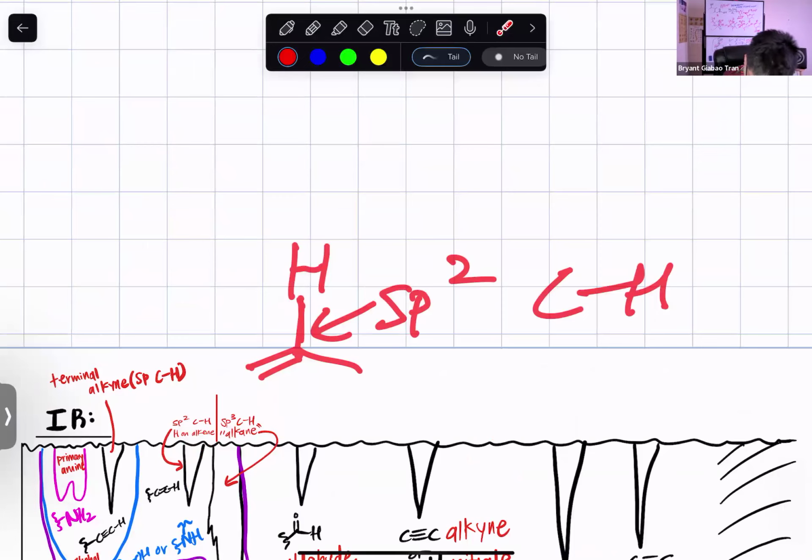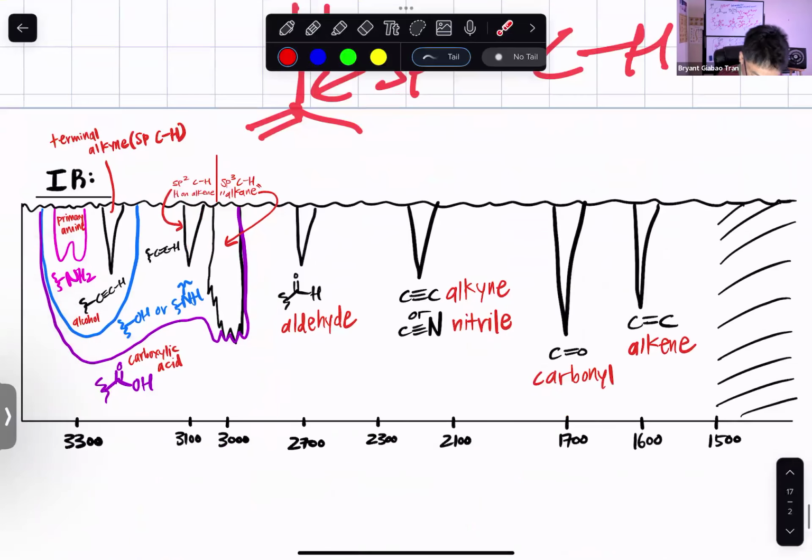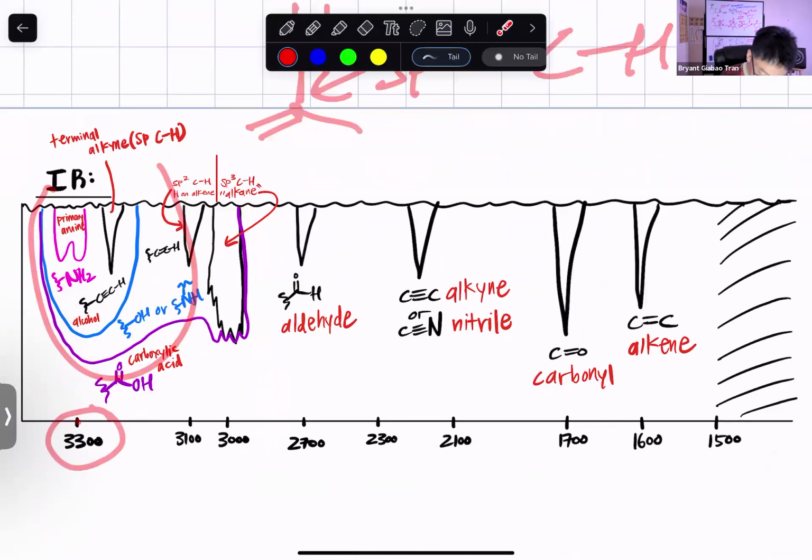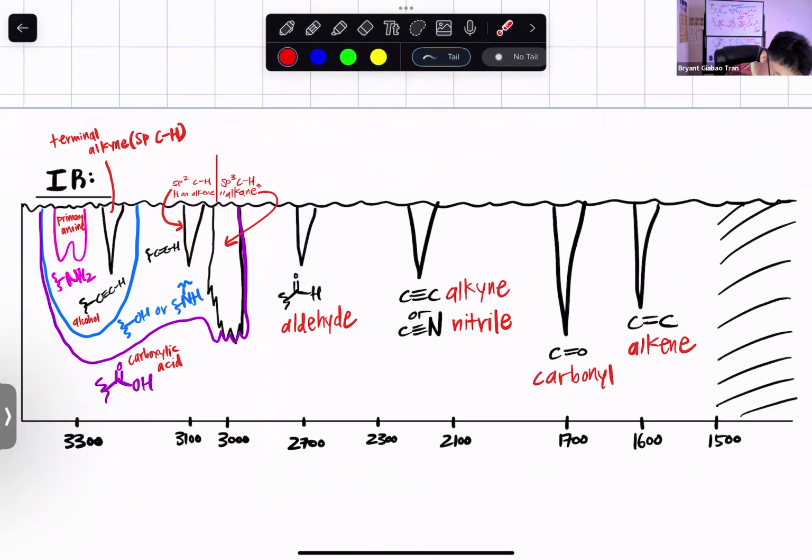Now, if you get to the 3300 range, this is where the broad peaks occur. If you see only one broad peak like that, then that's an alcohol or a secondary amine. If you see a big broad peak that merges with the 3000 baseline peak, then that's a carboxylic acid peak right there.